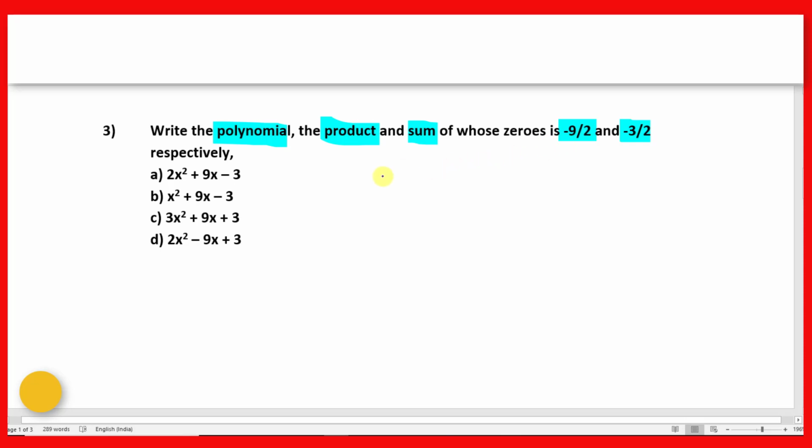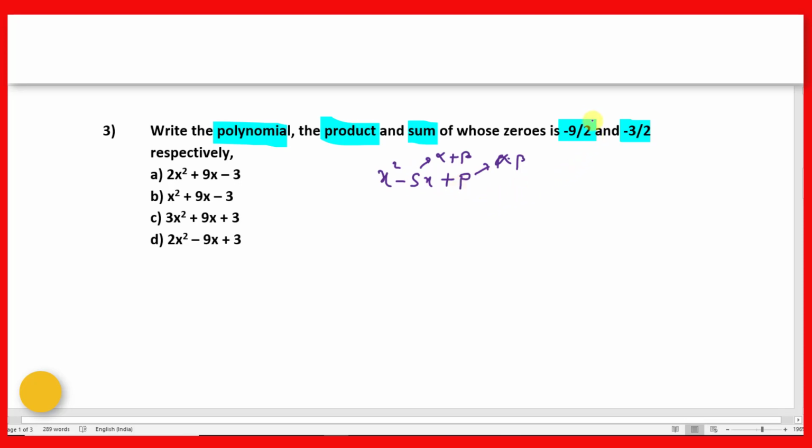Remember the simple polynomial, that is x square minus sx plus p. Here s stands for the sum of the roots and p stands for the product of the roots, that is alpha beta.